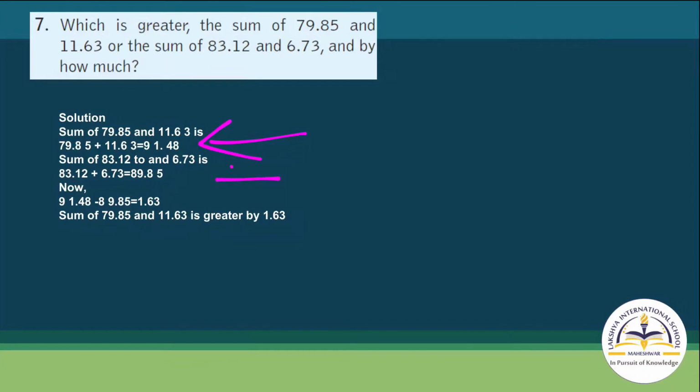Then we add the other two numbers, so we will get 89.85. So 91.48 minus 89.85 equals 1.63. You can easily see that 91 is greater than 89, so the sum of 79.85 and 11.63 is greater, by 1.63, because we already found the difference from this equation.